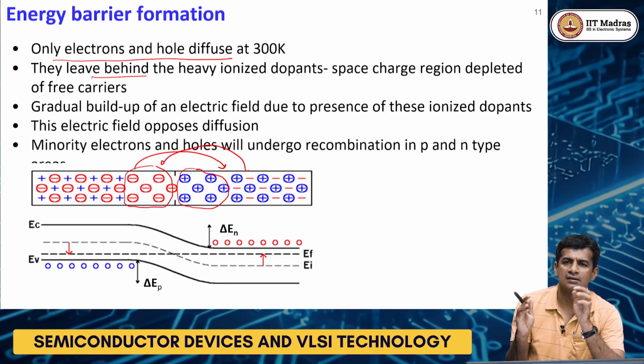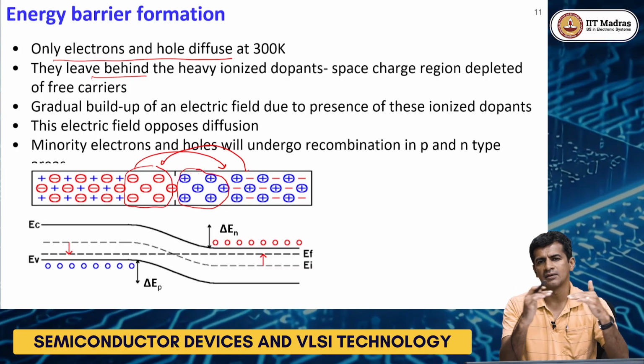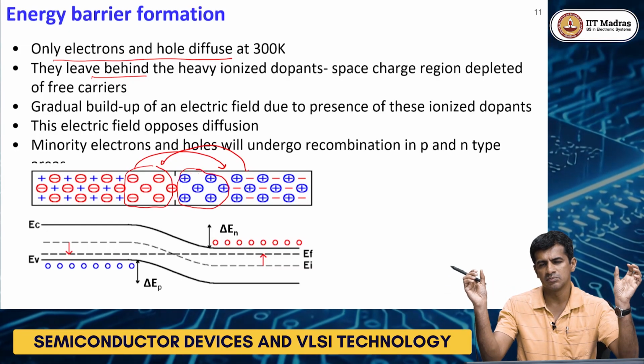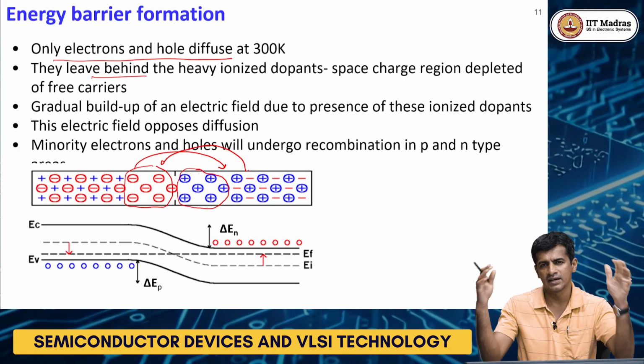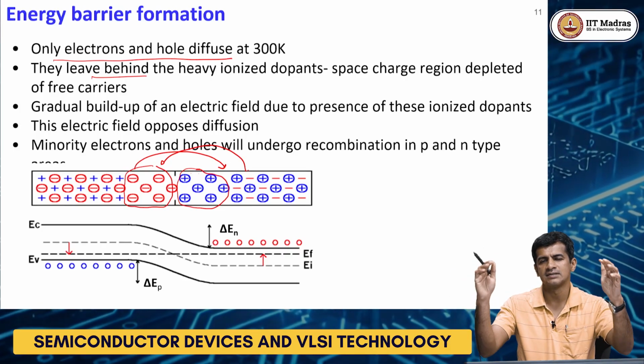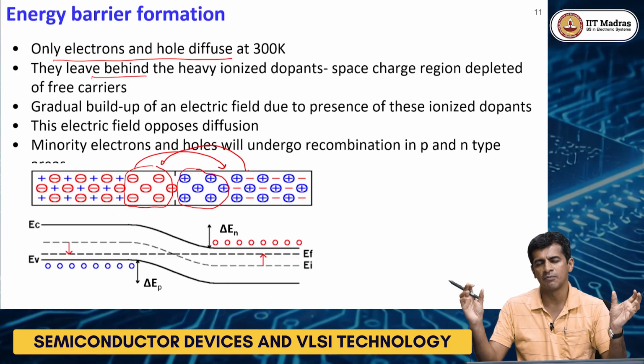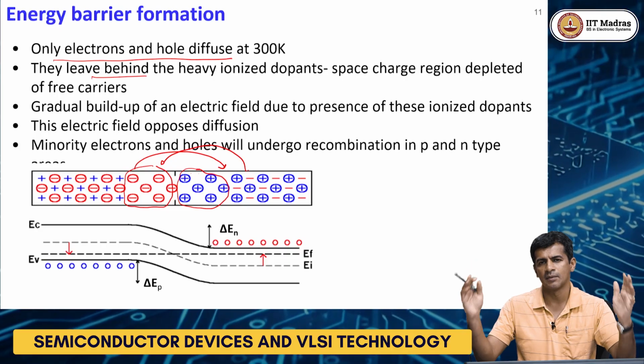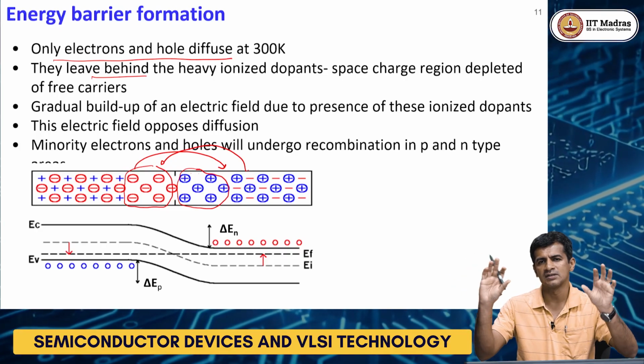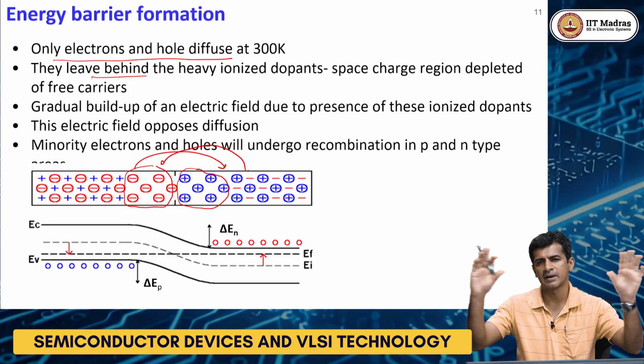Now you can see that once the diffusion starts, it is happening very fast, but you can imagine it like a slow motion picture. What is happening is that there is a buildup of an electric dipole. An electric dipole means you have charges separated by a distance.